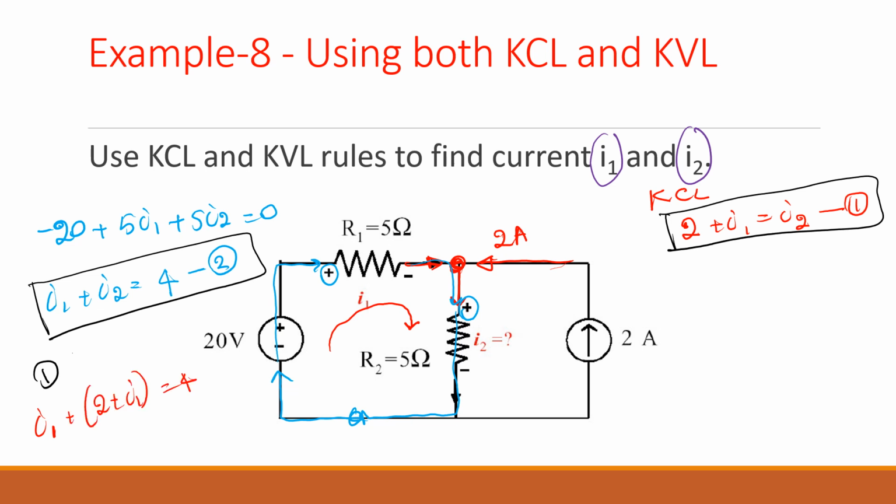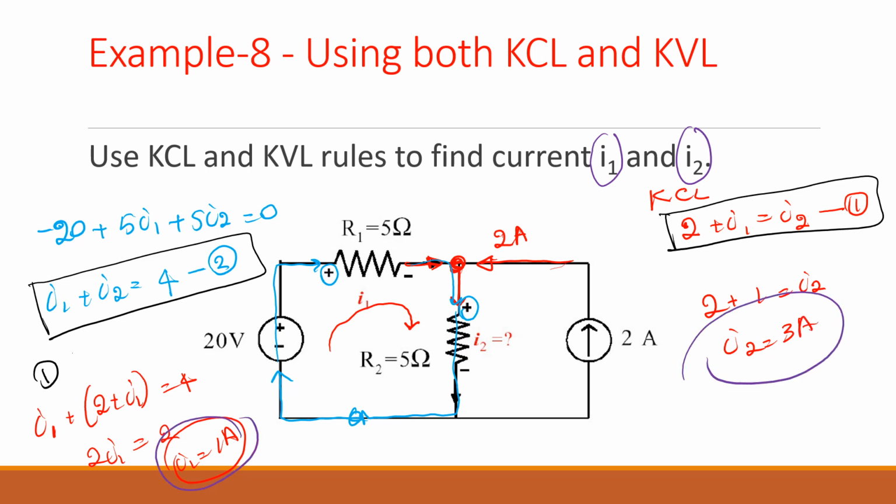So 2I1 equals 2, so I1 is 1 amp. Substituting I1 here, 2 plus 1 equals I2. So I2 should be 3 amps. So we found I1 and I2 using the KCL and KVL. There are different methods that we can use to solve this, but we did it using the KCL and KVL.